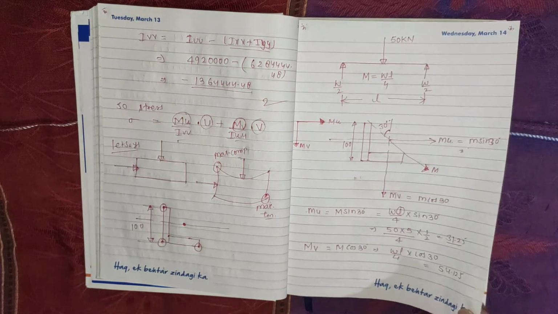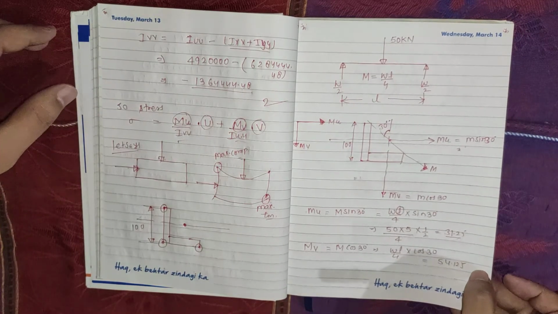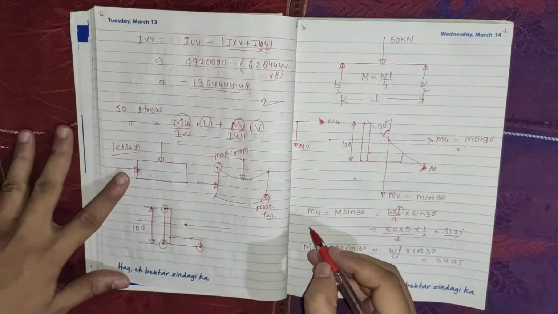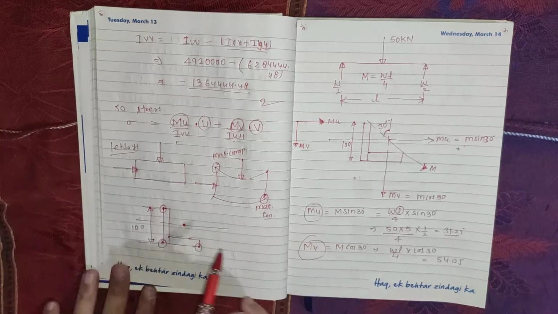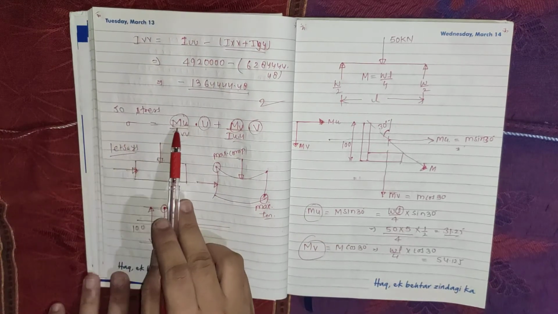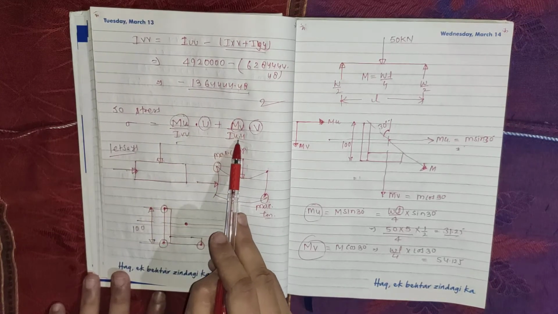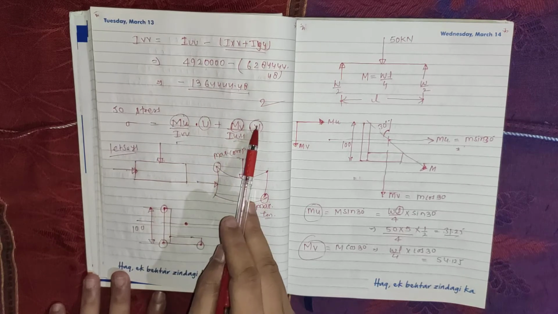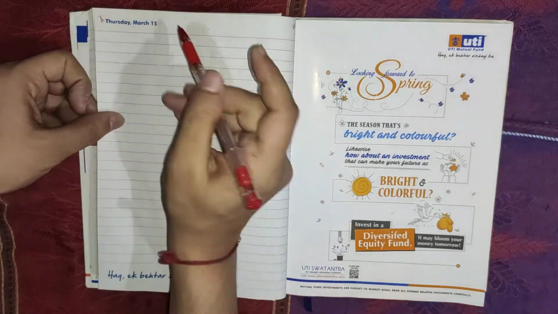Okay, now let's see. You need to remember the formula of u. You will get the value of Mu and Mv. Now for the stress calculation, you have the value of Mu, IVV, Mv and IUU, but you have to calculate u and v till now. Okay, so what is u and v?